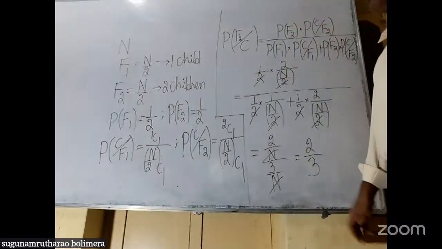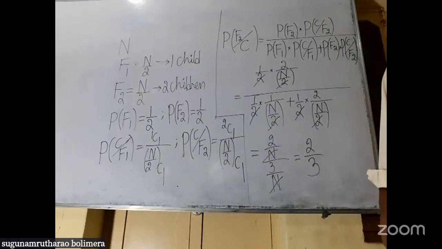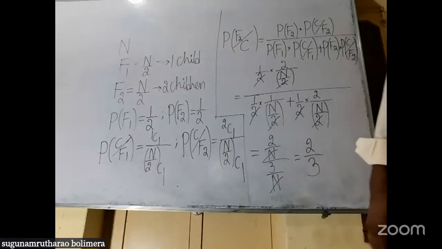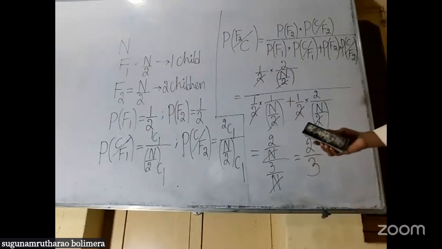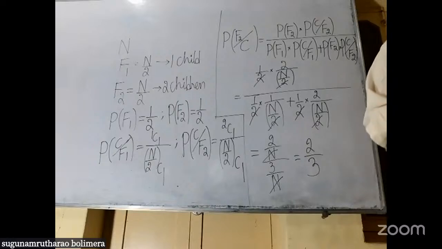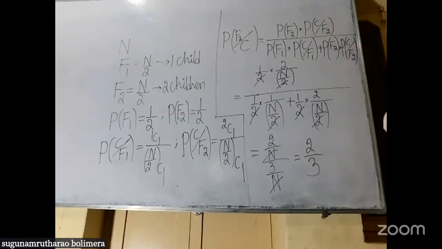Right, good. Write down the next problem. You have given 3 coins, of which one has heads on both faces.